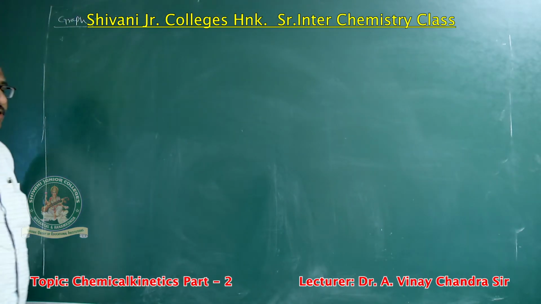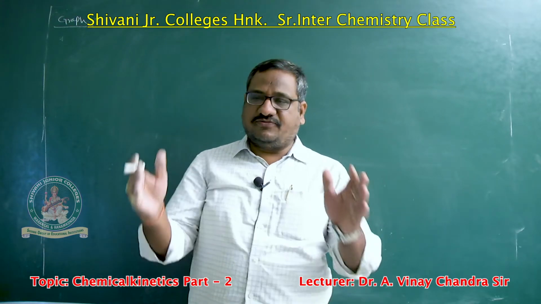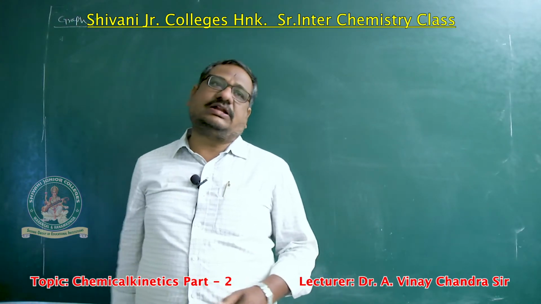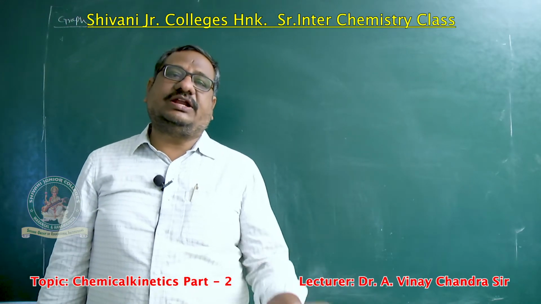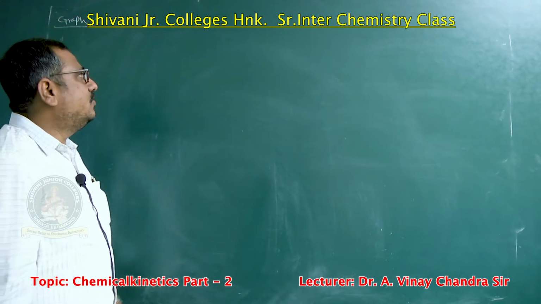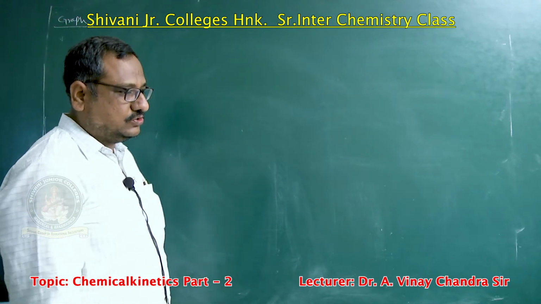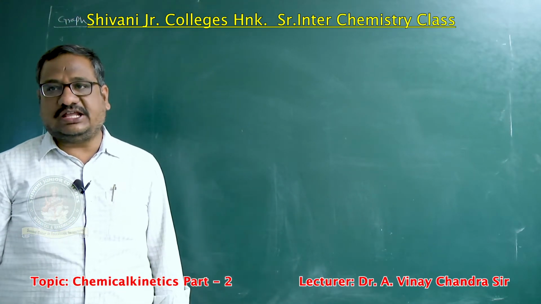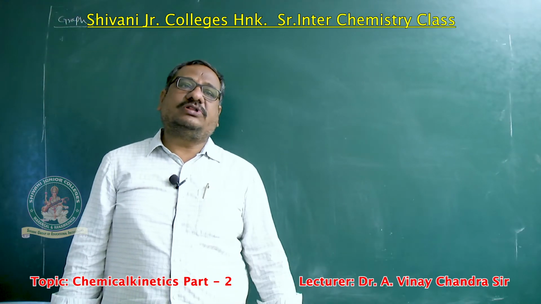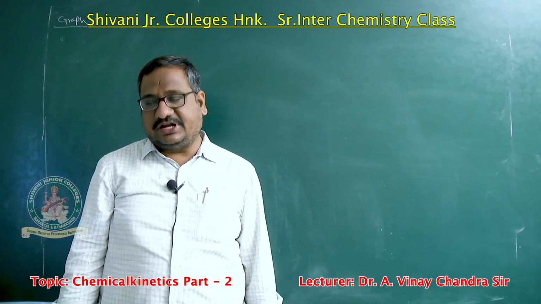Now the graphical representations for a first order reaction. For every order of reaction, the graphs are based on the rate equation. For the first order rate equation, k is equal to 2.303 by t log a by (a minus x). Earlier we discussed that the 0 order reaction rate equation is k is equal to x by t.